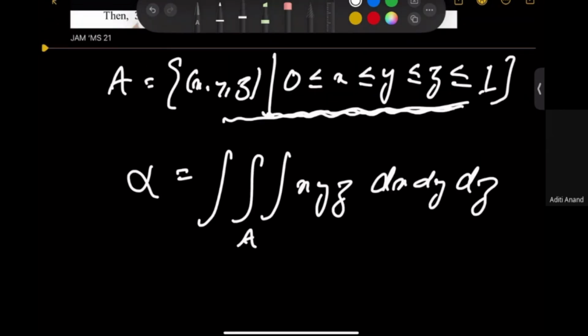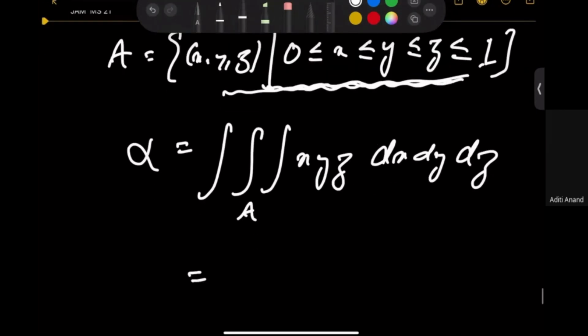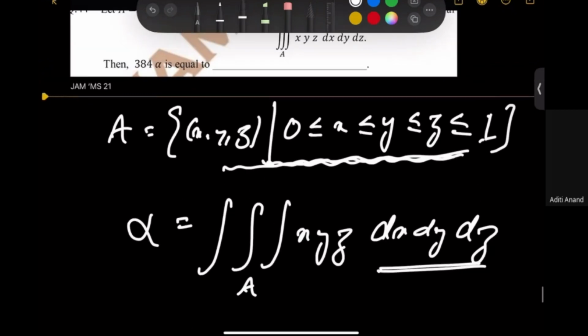Now, what do you propose? There are 3 variables. So which one should be our innermost variable? Should it be x, should it be y, should it be z? By looking at this series of inequalities, can you tell me? No, it should be x.